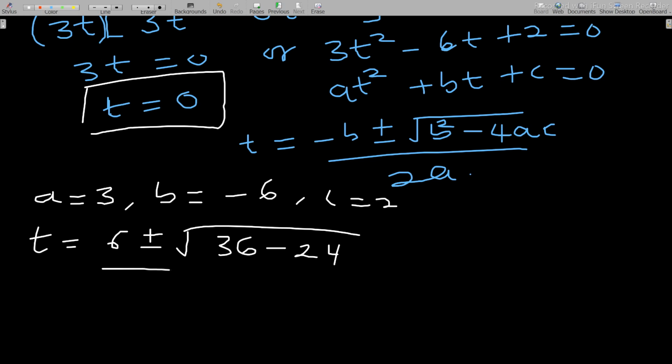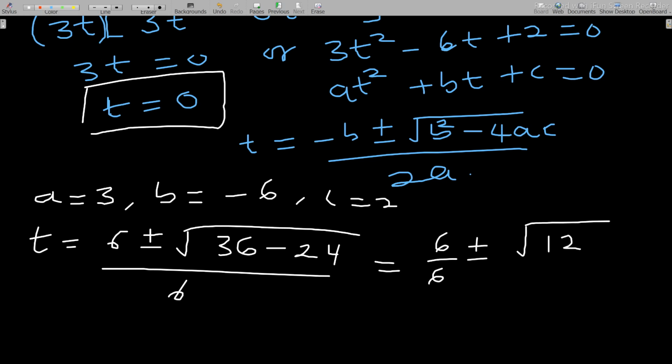Okay, all over 2a, and a is what? 3, so 2 times 3 is 6. Okay, so I have 6 over 6 here, plus or minus the square root of 36 minus 24, which is simply 12, all over 6. If our computation is correct here, then that is correct as well.